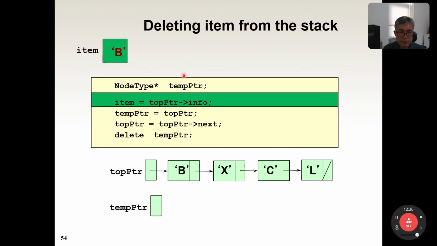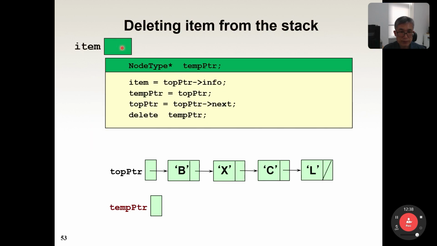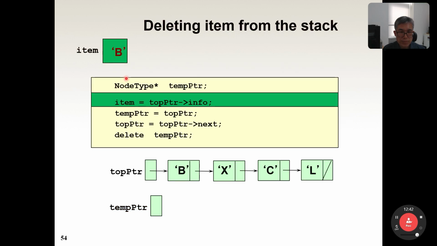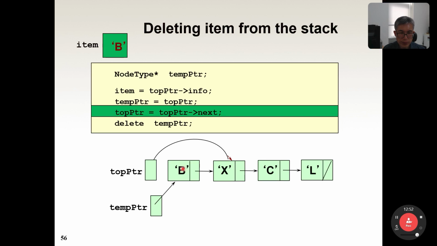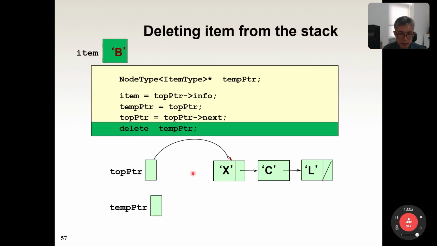The item is an integer type, okay, the stack top information, and then the temporary pointer points to the first stack top node. The top pointer points to this node's next, this one, right, because we deleted this one, right, the pop, eventually. And then delete this node, right, okay, deallocate.